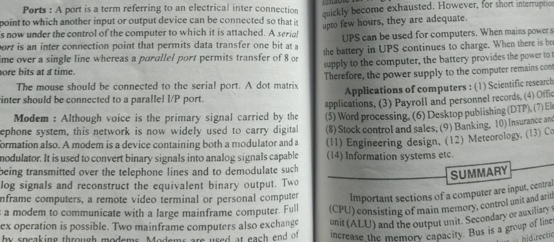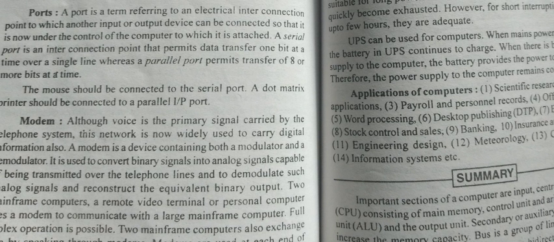Then we have word processing, like finding the mistakes in the word, checking the vocabulary, keeping the spell check on. Then desktop publishing, where these publishers were first used to design various kinds of graphics on the computer.